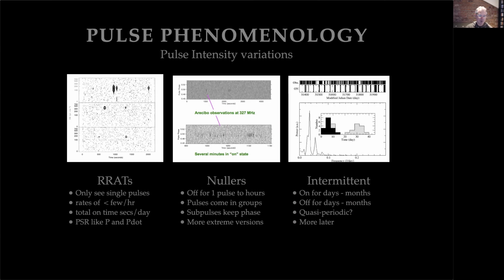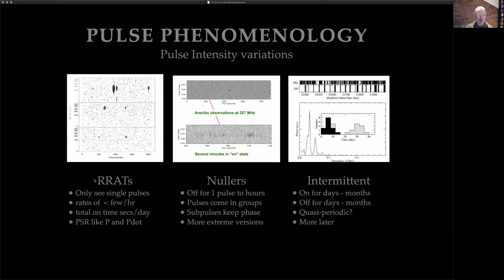They were discovered nearly 15 years ago, but basically they give off only 1 or 2 pulses every few hours. So the rate of pulses is a few per hour or less. Instead of seeing a pulse on every rotation of the neutron star, we only get a pulse every now and again.